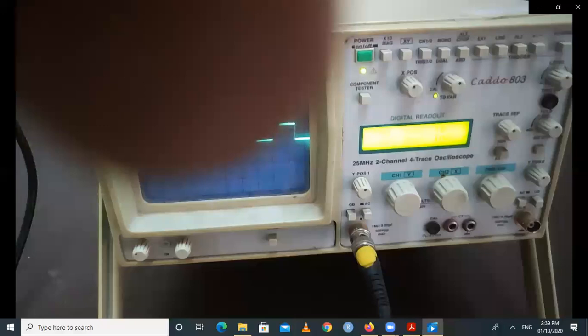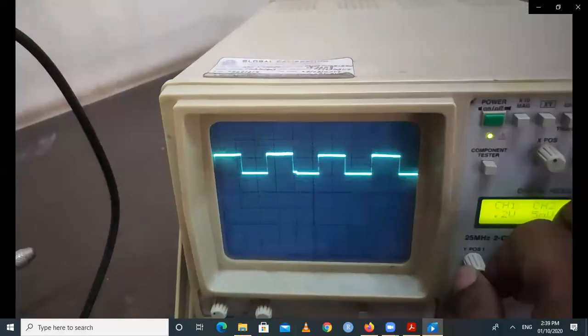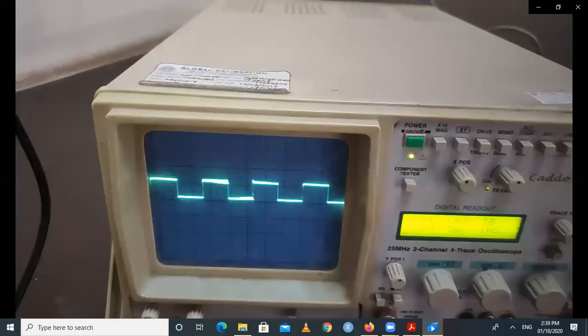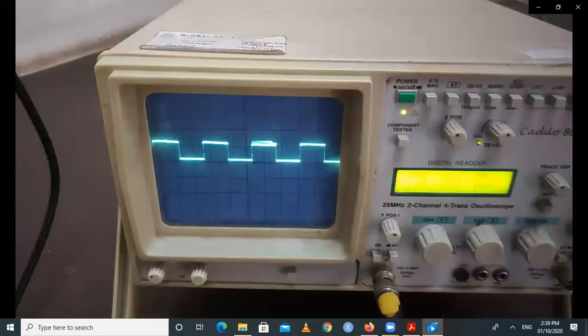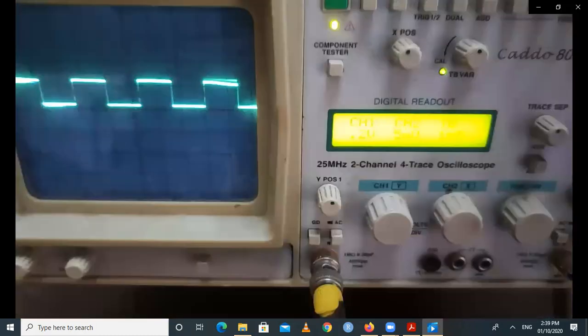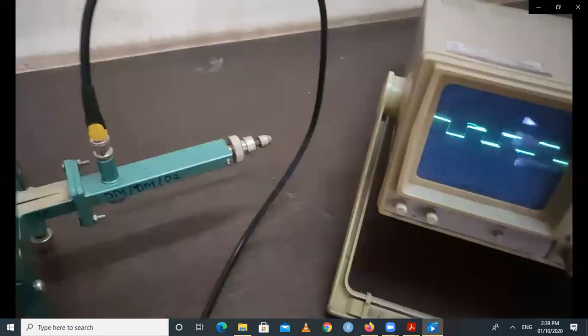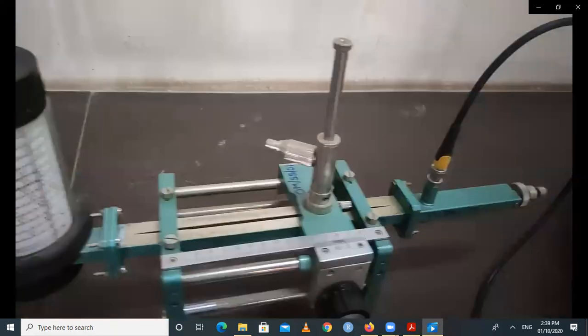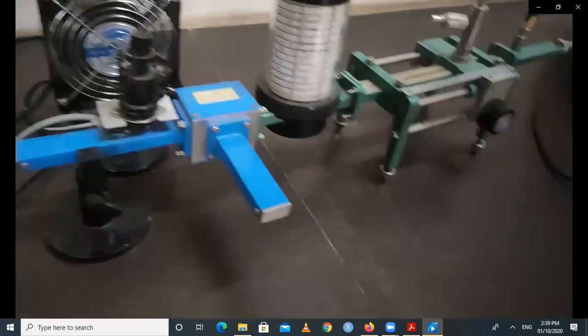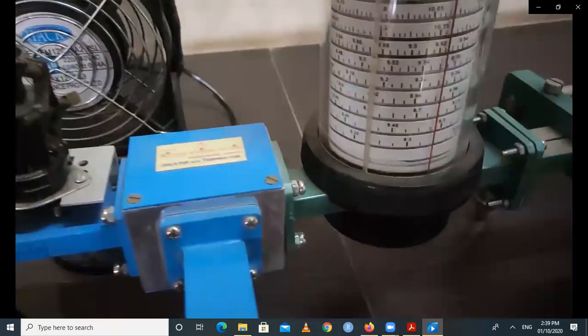So its value should be, say, 1 and then 4. So it is 1.4 multiplied by channel number 1 having reading 0.2 volt, means 1.4 multiplied by 0.2 volt. So this is the output present over here, and for this output I have to check the frequency also. So how to check frequency?